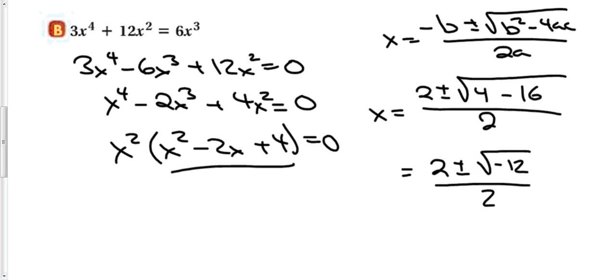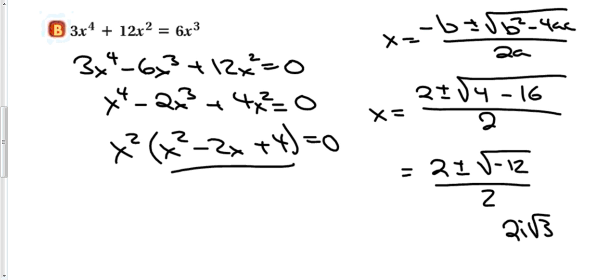And of course, anytime we have a negative square root, we're going to simplify it using i. So the square root of negative 12 turns into i times the square root of 12. The square root of 12, I can make that simpler by saying the square root of 4 times 3. And the square root of 4, I can change that into a 2.